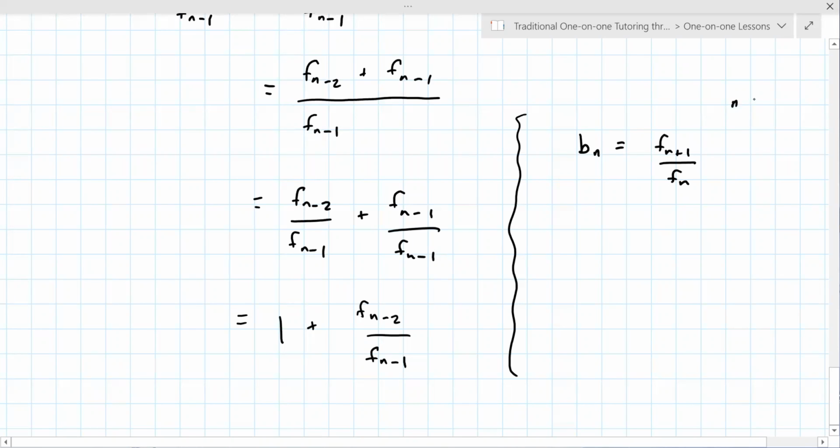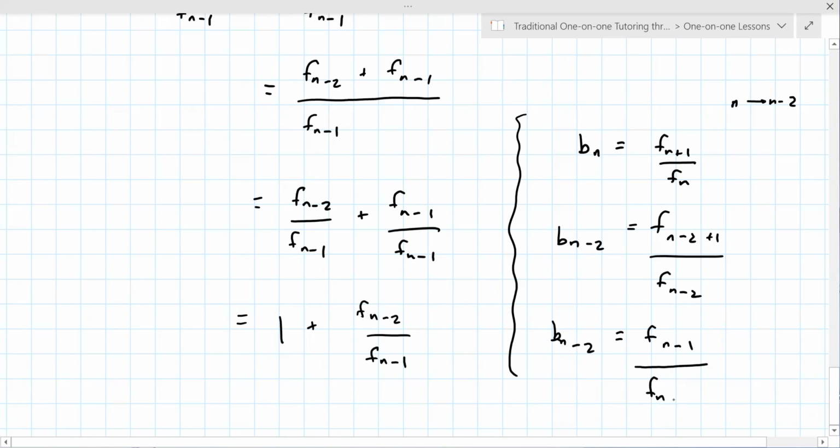Let's go n goes to n minus 2. So that means Bn minus 2 is your new subscript, equals Fn minus 2 plus 1 over Fn minus 2. So your Bn minus 2 equals Fn minus 1 over Fn minus 2.